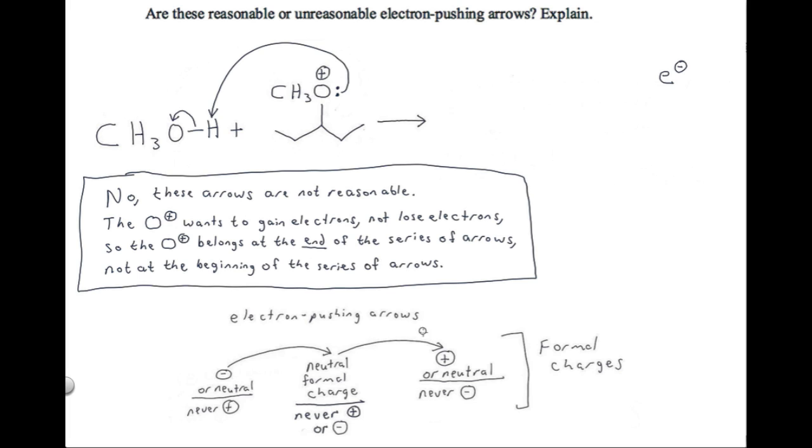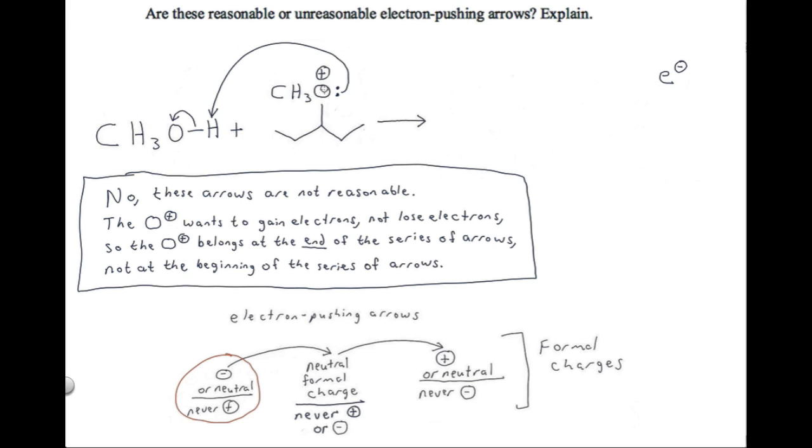We've said that at the beginning of a series of arrows, we should always put an atom that's negative or neutral, never an atom that's positive. And we violated that here. This is the rule that we violated. We should never have a positive atom at the beginning of the series of arrows. These arrows are unreasonable because they do place the positive atom at the beginning of the series of arrows.